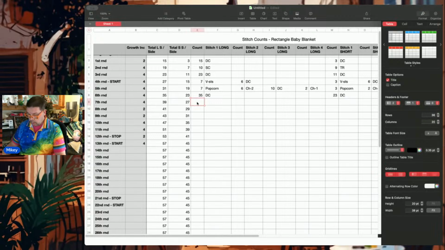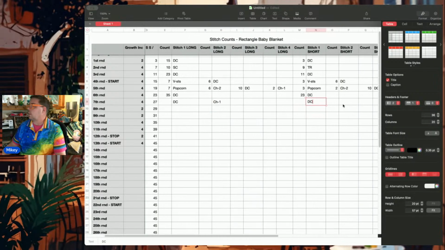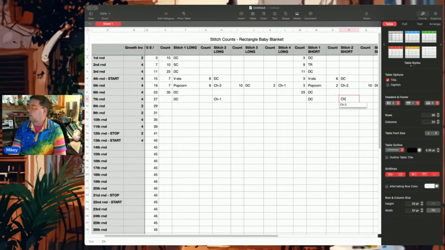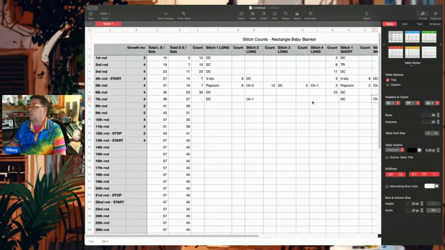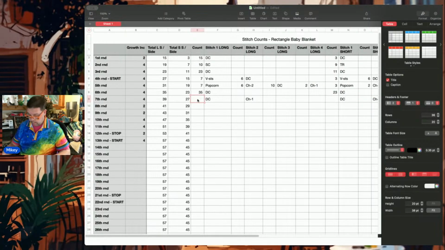So 7th row, we're going to have double crochet. So we have double crochet and chain 1 spaces. And chain 1. And so we have how many double crochets? So we have 2, 3, 4, 5, 6, 7, 8, 9, 10, 11, 12, 13, 14, 15, 16, 17, 18, 19, 20, 21.